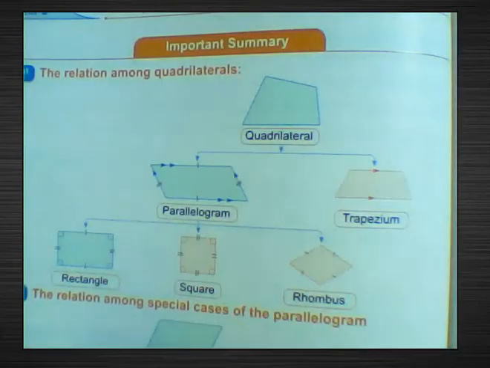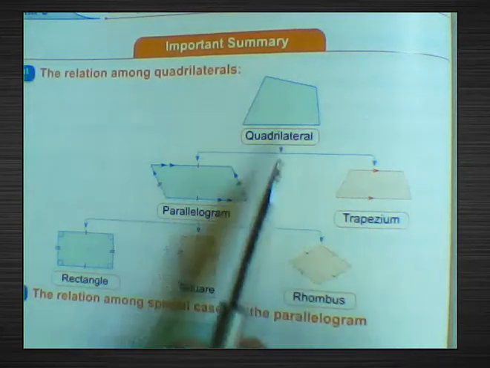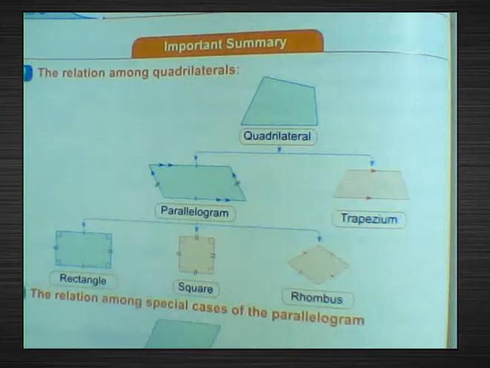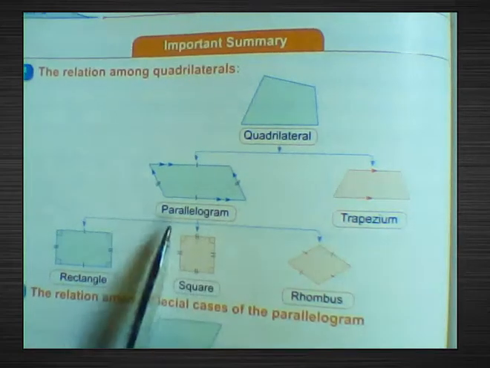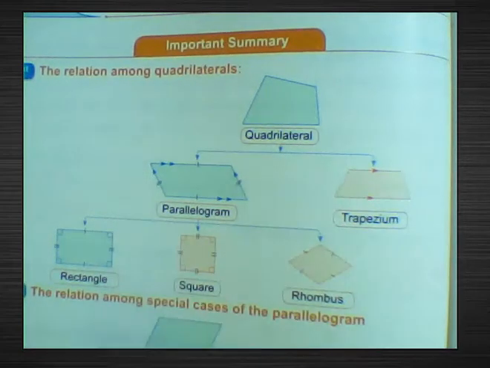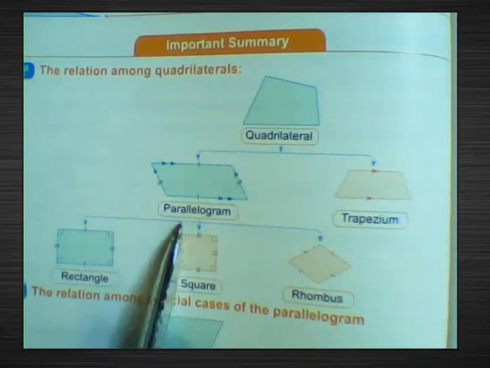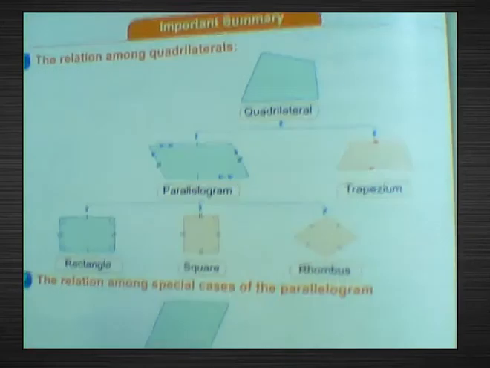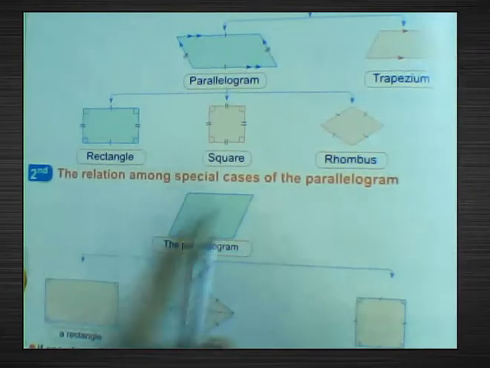Important summary: the relation among quadrilaterals. A quadrilateral is divided into parallelogram or trapezium. A parallelogram converts to a rectangle or a square or a rhombus.